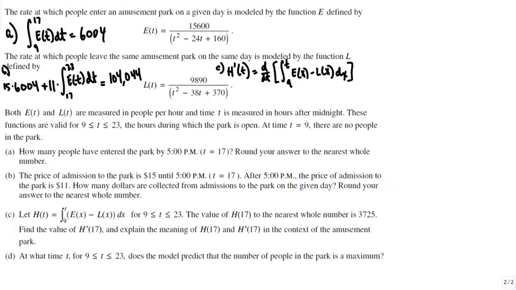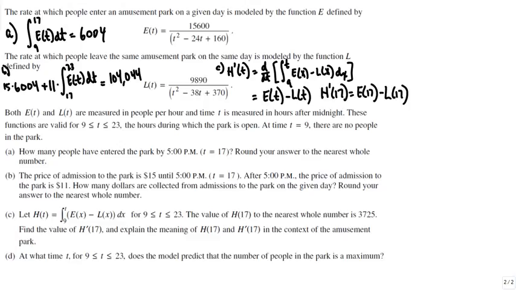Well, h prime of t, by part 2 of the fundamental theorem of calculus, is just going to be the derivative of that expression, which turns out to be just E of t minus L of t, which makes sense. And what that turns out to be is the net rate at which the number of people in the park is changing.